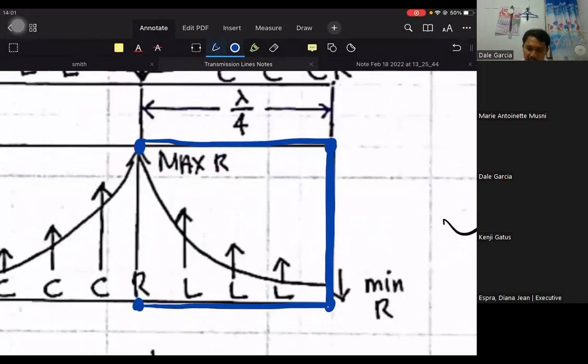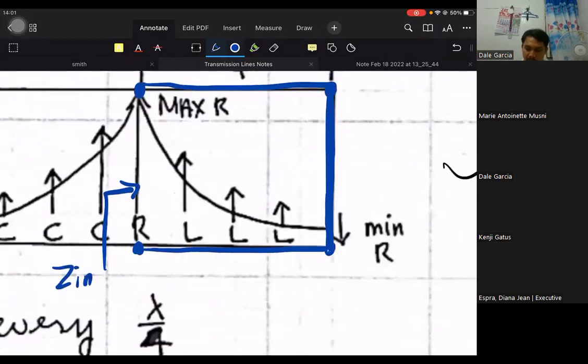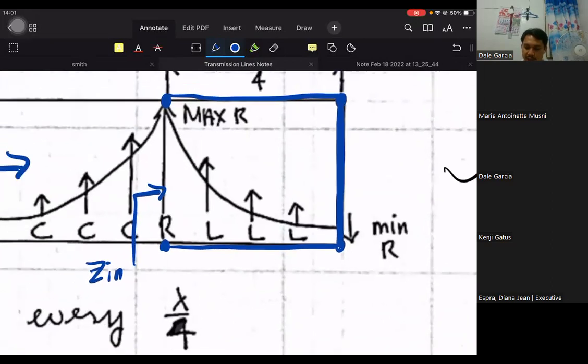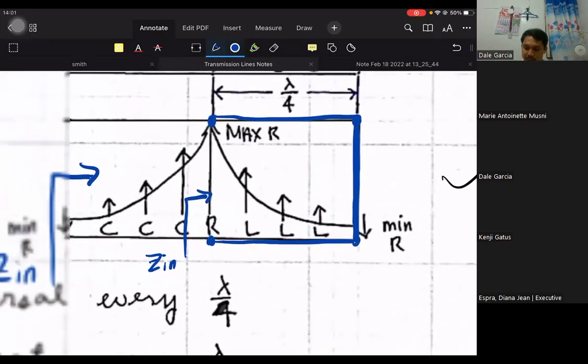The reading on the measuring tool at this point is maximum resistance, so it coincides with the guide.